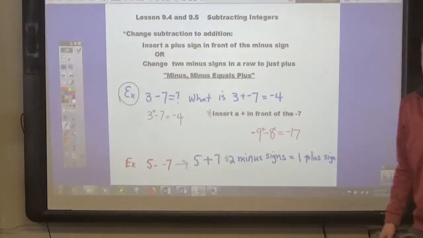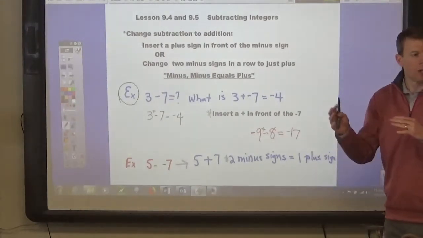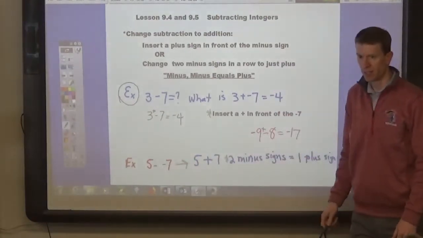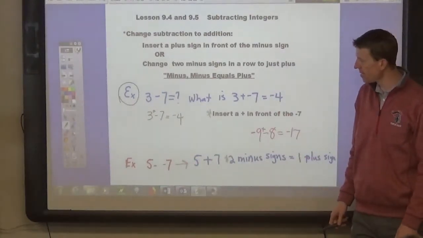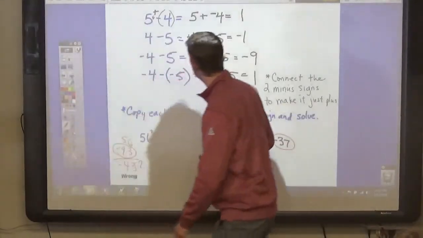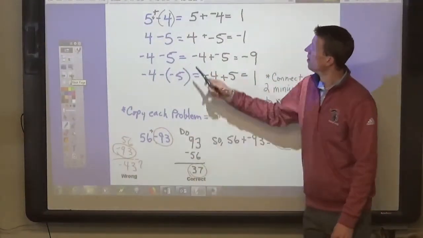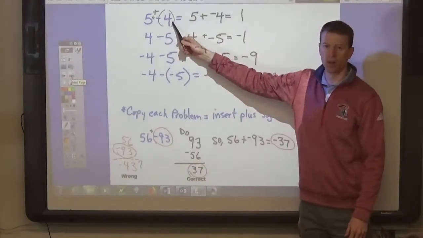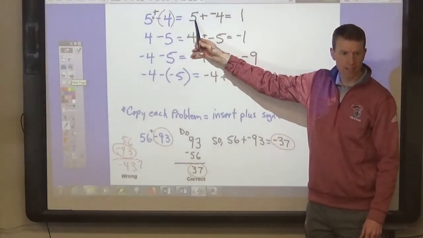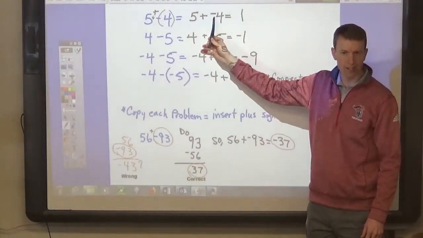So, when you have two minus signs in a row, and that's the key here, look for two minus signs in a row. Look at these examples. All right? 5 minus 4 is the same as 5 plus negative 4, right?